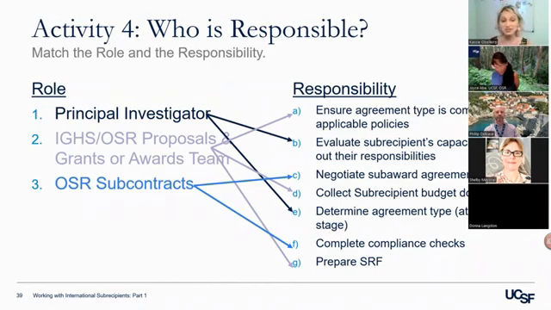They do look at it when it comes in for them to issue to see if it's right, but it's actually the responsibility of the PI to determine it, and then the group that's working with them on preparing that request to make sure that it's the right agreement type. That way, by the time it gets to the sub-out team, it is right. And basically, it should have been done at the proposal stage if there was a proposal.